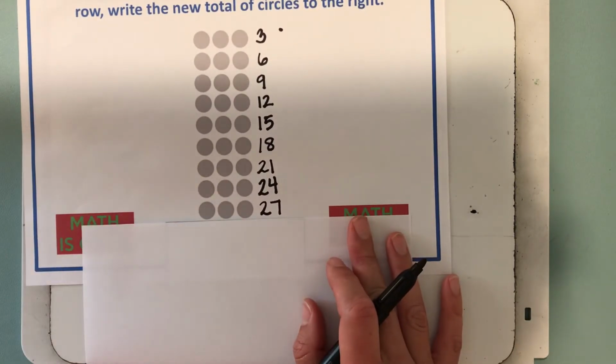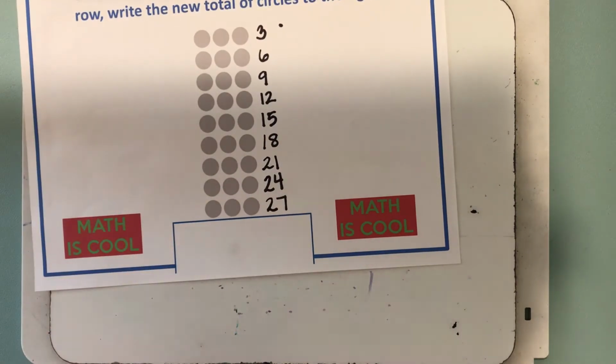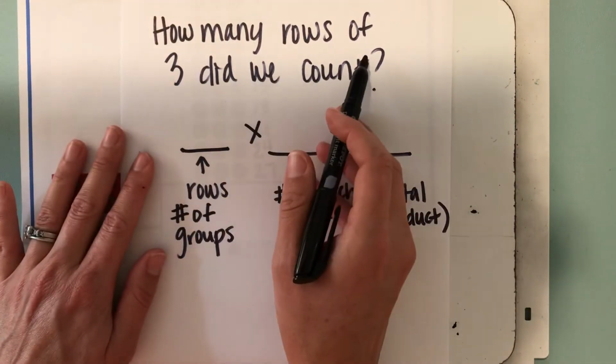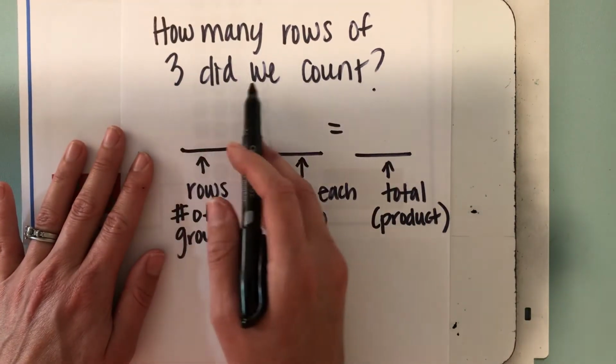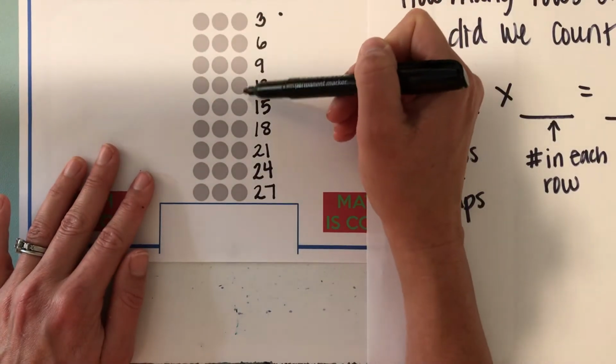Now I'm gonna take this away real quick. I need to figure out how many rows of 3 did we count? So I'm going to go back to my picture. How many rows of 3s did we count?